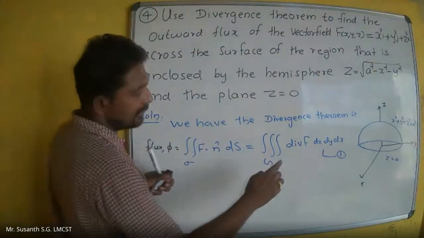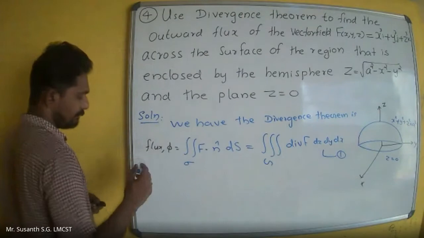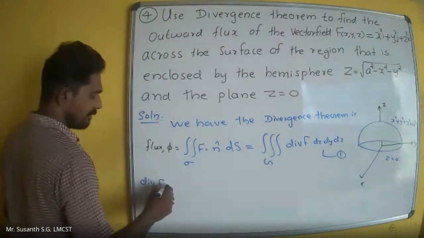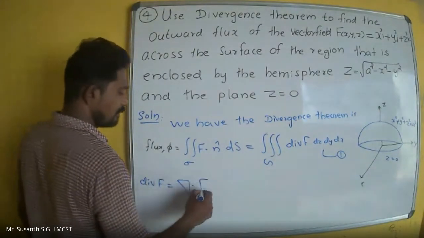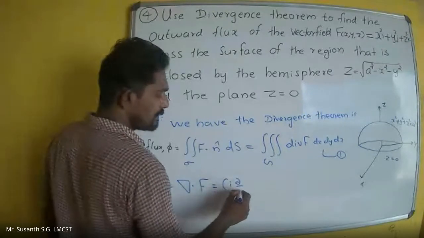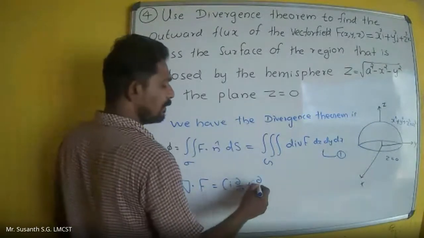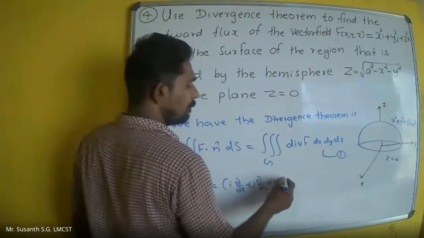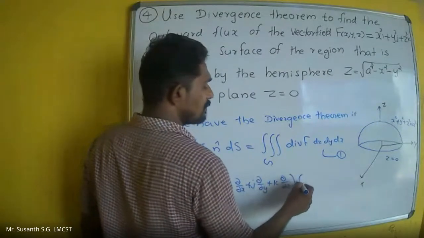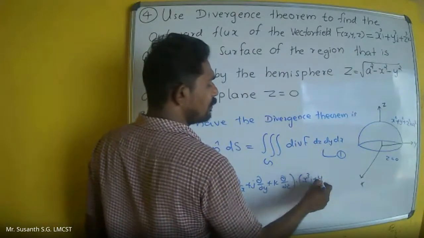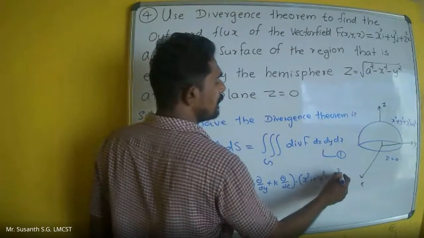So we first evaluate div F. What is div F? Div F is del dot F. Del is i ∂/∂x + j ∂/∂y + k ∂/∂z, dotted with x³ i + y³ j + z³ k.